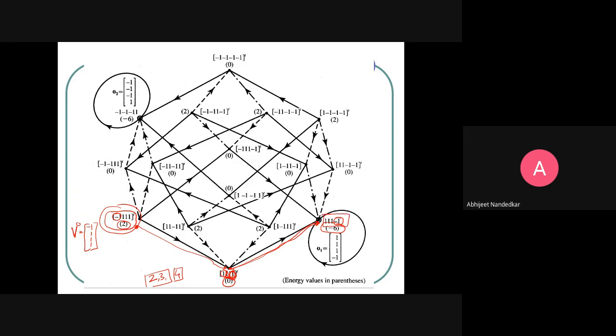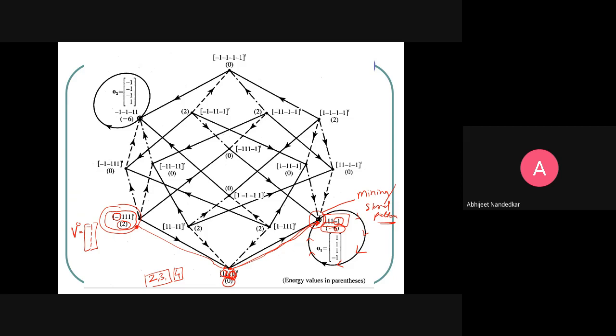Now you see that energy has reached to minima in this circuit, which is minus 6. Now here onwards, if you iterate, you will get same output. Okay, that means we have learned to minima or stored pattern. Okay, so this is how this network works.